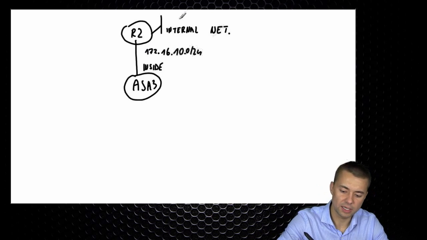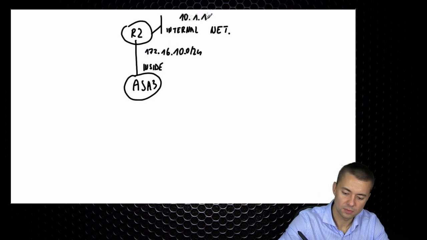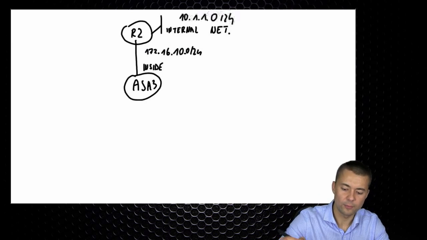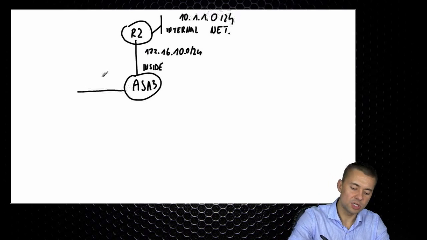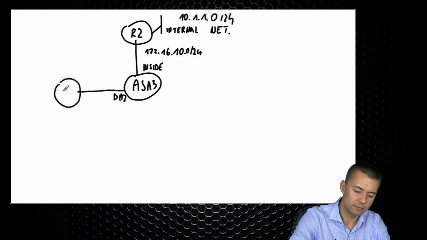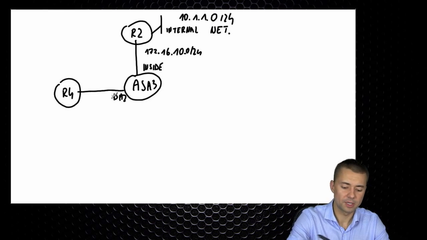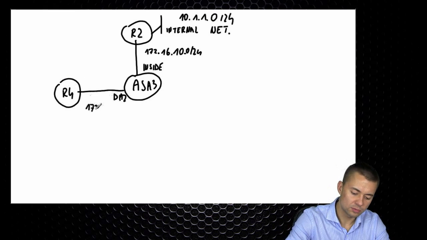And then the loopback is 10.1.1/24. And then on the DMZ, we have router 4, and this is 172.16.20.